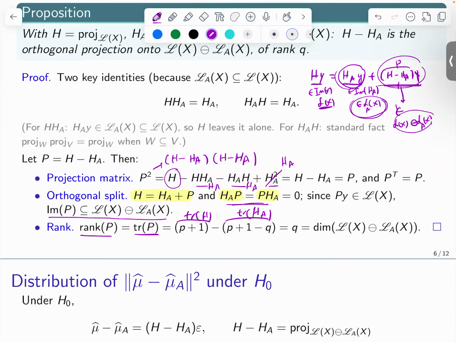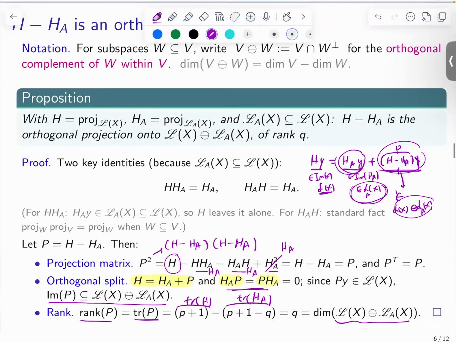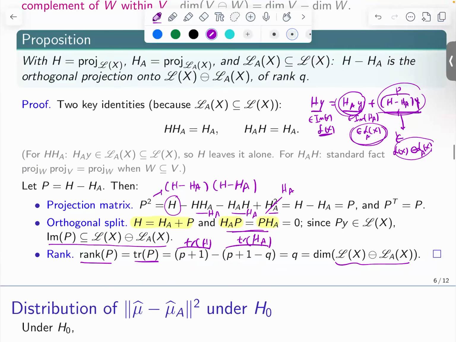Trace is linear; the trace of H is p plus 1, and the trace of HA is p plus 1 minus q, because that's the dimension of LA of X we determined. So the difference is q. And this matches the dimension of this subspace, which is exactly the dimension of LX minus the dimension of LA of X.